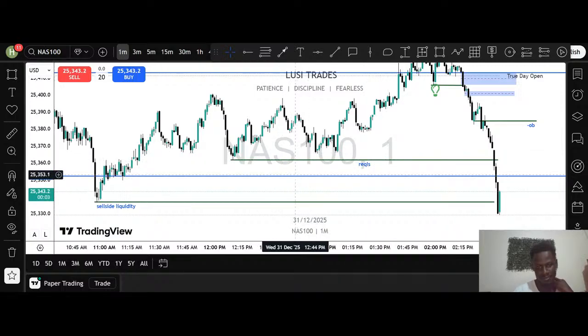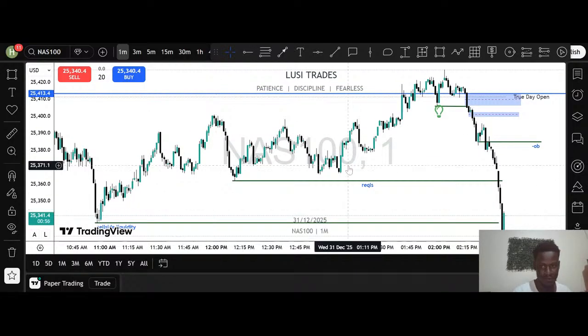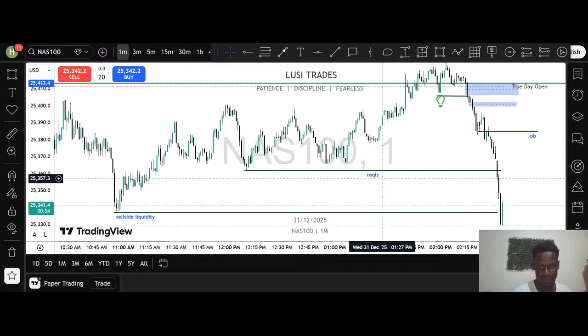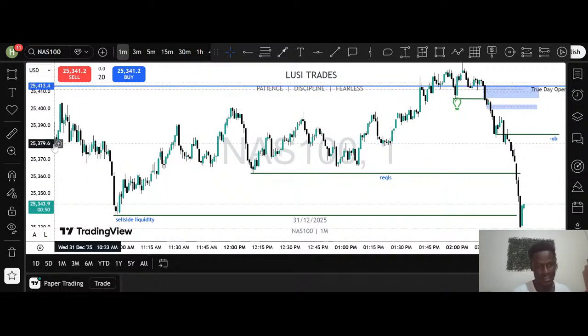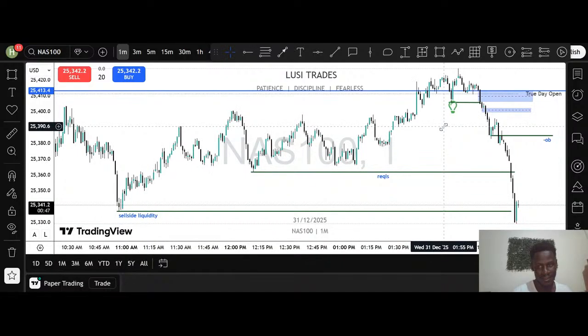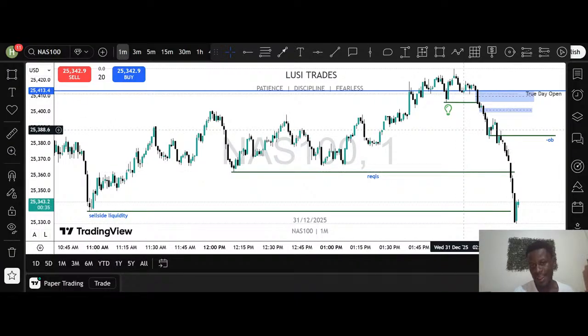Let me remove these. Guys, isn't this wonderful? Inside here, you want to be looking for various ways to get in. Let's say the market doesn't give you an entry, so you have to backtest this each and every single day.